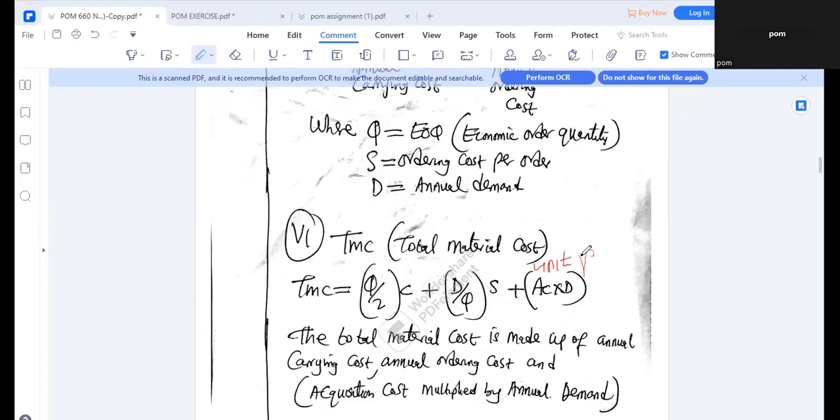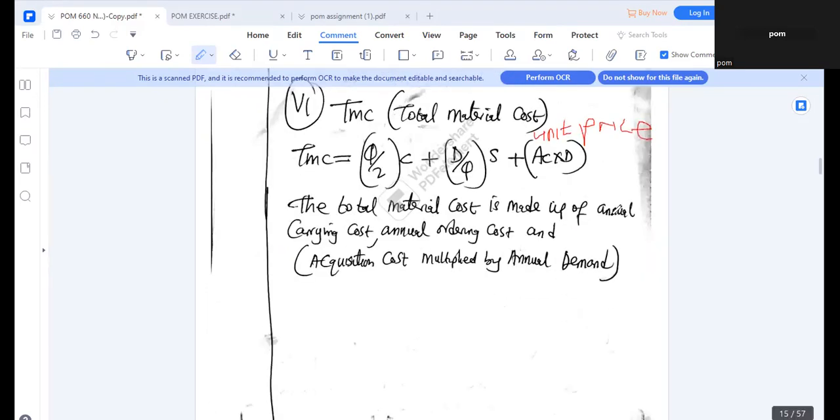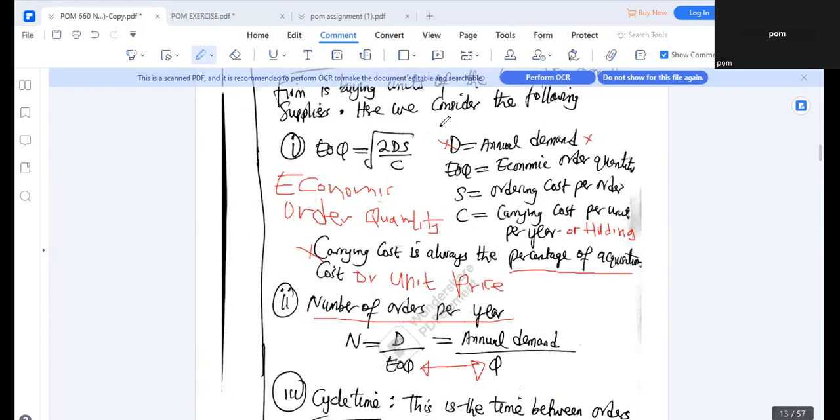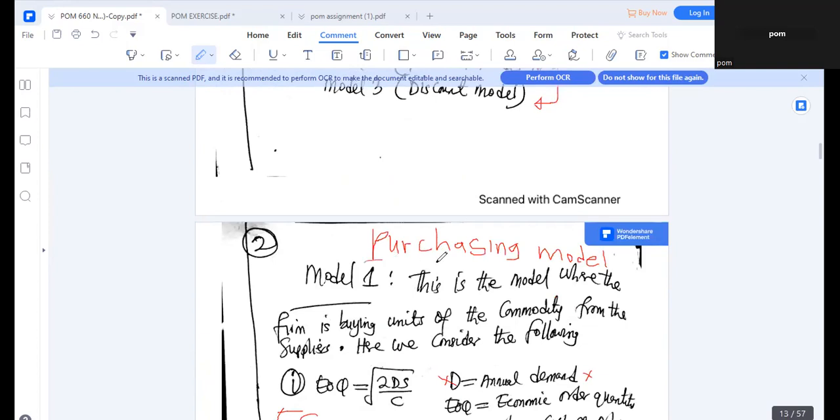Unit price is the same as acquisition cost per unit, so unit price is the same as AC. So the total material cost is made up of annual carrying cost, the annual ordering cost, and the acquisition cost multiplied by annual demand. This marks the end of the first model for inventory management, the purchasing model. All these formulas fall under the purchasing model.